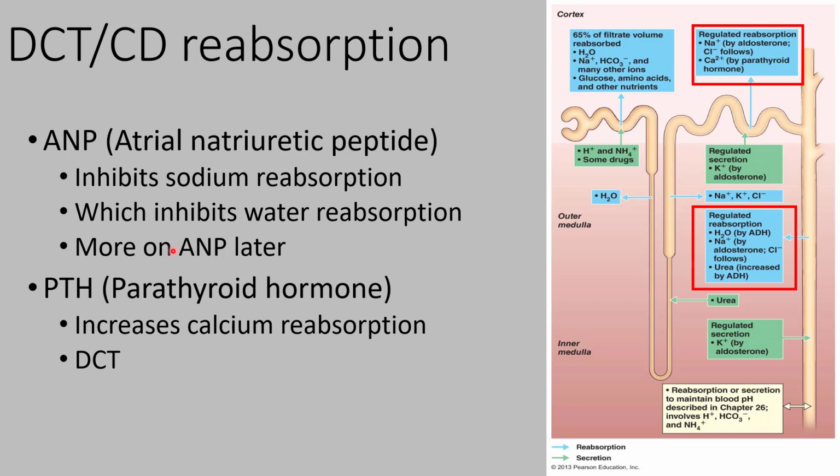We'll talk about how it works, how it blocks water reabsorption. Parathyroid hormone: when we need more calcium, it increases calcium reabsorption. Remember back when we were talking about PTH? One of the things that it did was, at the distal convoluted tubule, it increased calcium reabsorption.